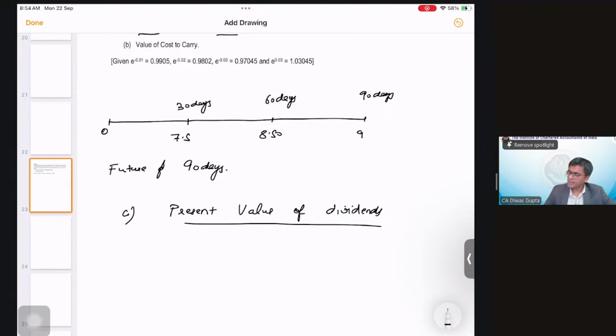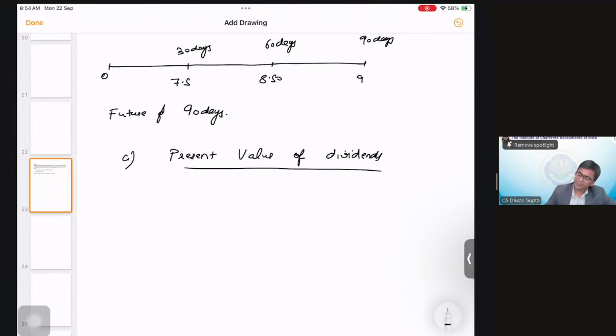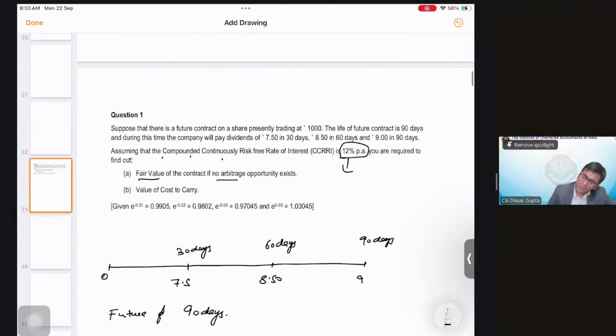Let's see the present value of dividends. There are 3 dividends, right? 7.50 into. Now, what rate have we been given in the question?